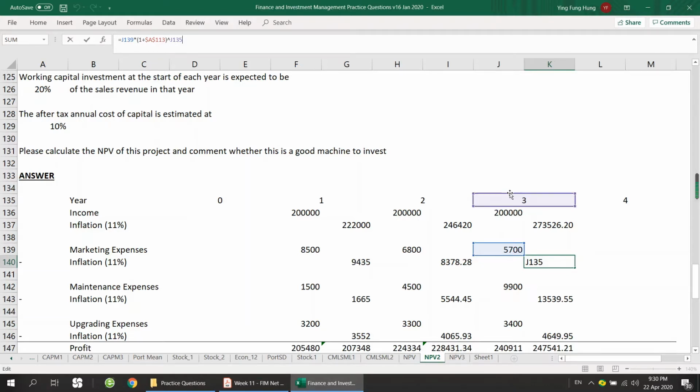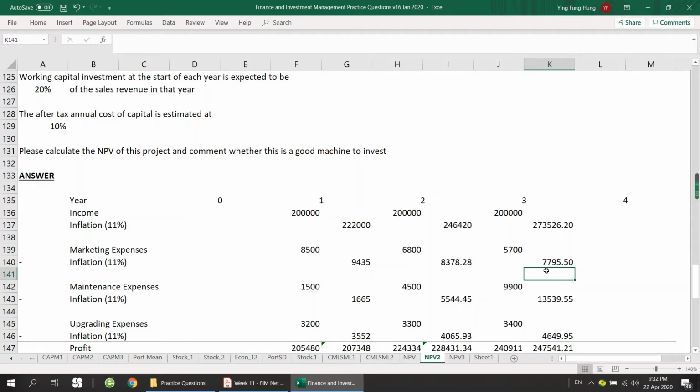Again, this means that 5.7 thousand will have to be multiplied by 1 plus 11% for the first year, then by another 1 plus 11% in the second year, and by another 1 plus 11% in the third year. So this is the third power. And then the answer we'll get is 7.7955 thousand.